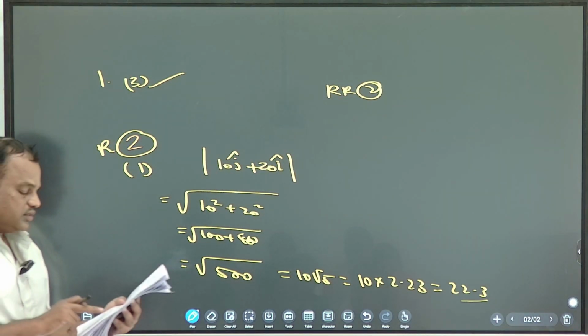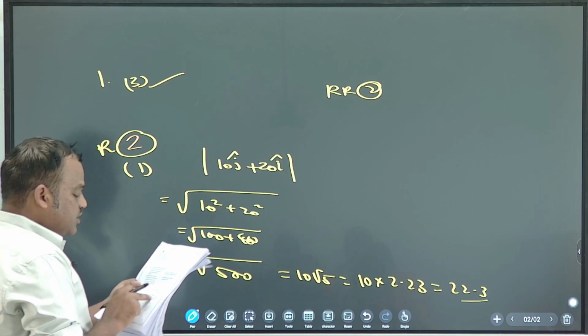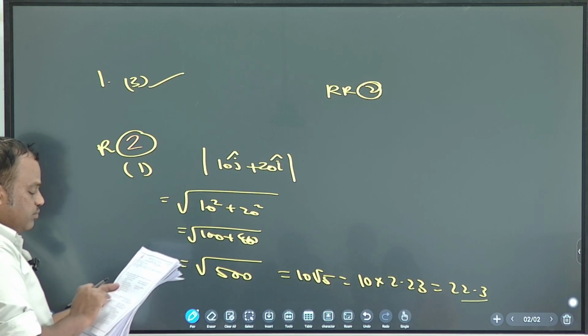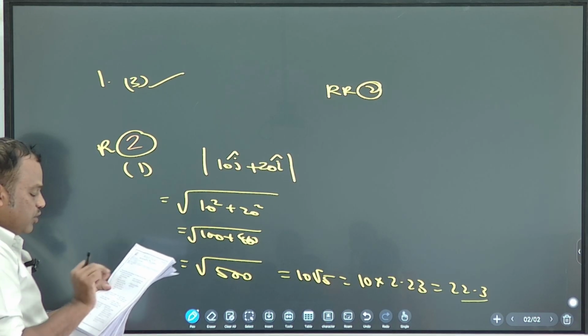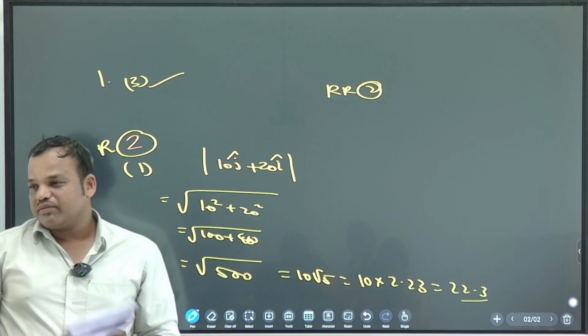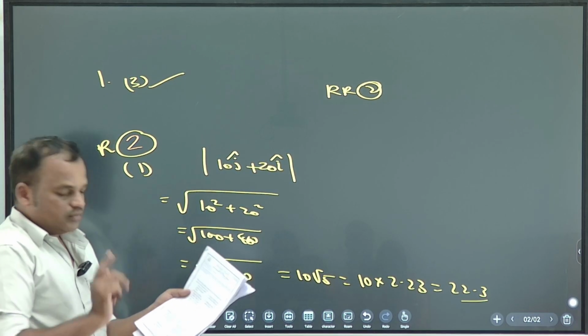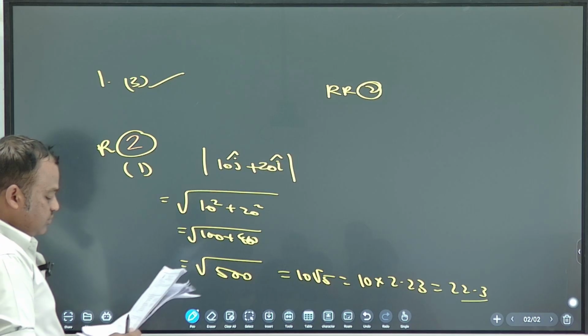Fourth: unable to change by itself the state of rest and uniform linear motion. So they have combined option 1 and 2 in option 4. So actually 3 is also correct.